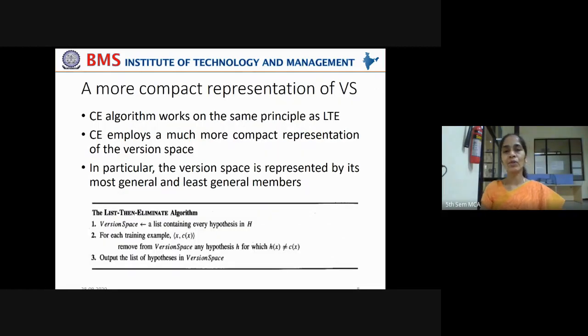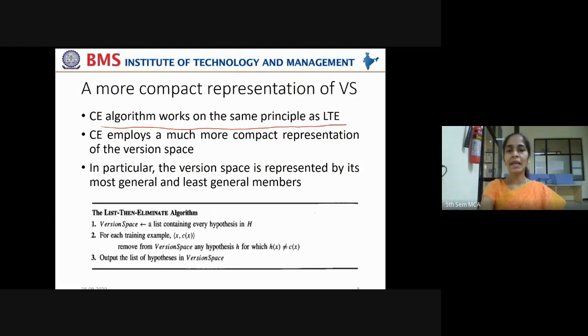Now let us see a more compact representation of this version space, how we can more smartly define this version space. The Candidate Elimination algorithm works on the same principle as the List-Then-Eliminate algorithm. Even in the Candidate Elimination algorithm, all the candidate hypotheses are taken. Whenever a hypothesis is found to be inconsistent with some training example, that is eliminated from the hypothesis space.